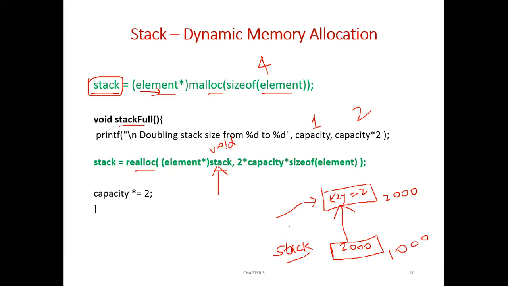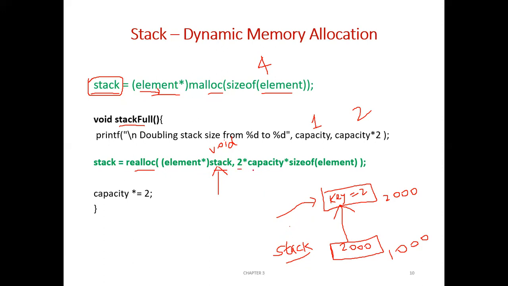Here it should point to an address of type element, so we are typecasting this to element star. Then how much should the size be increased? It should be doubled.